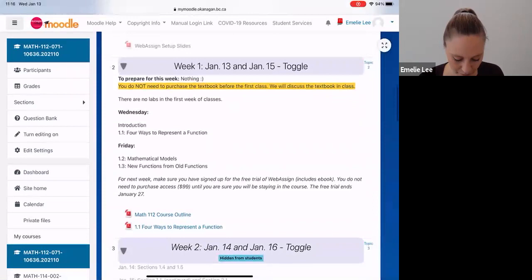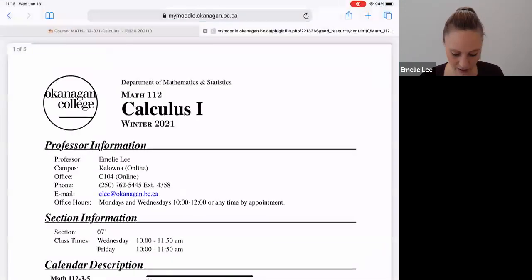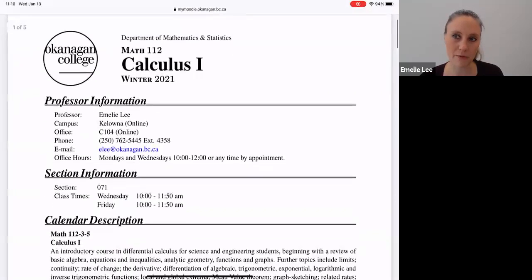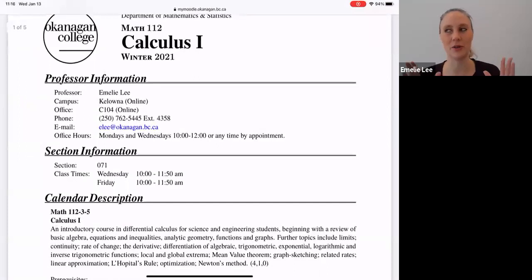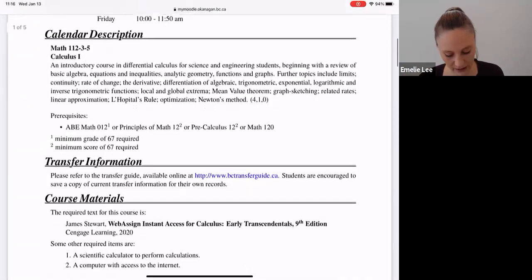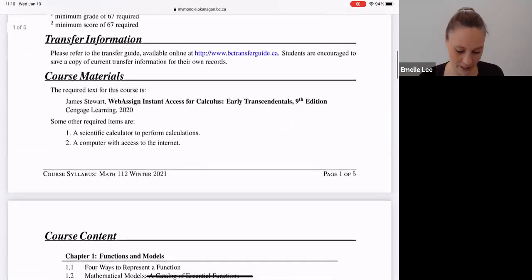All right. So let's just flip through the course outline. Same information here. Like I said, on the Moodle page, I like to have everything that you need from the course outline, but just so you're aware of everything that's in here. It's got our class time and transfer information. They just changed the edition.